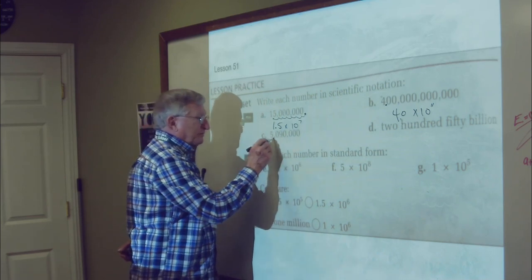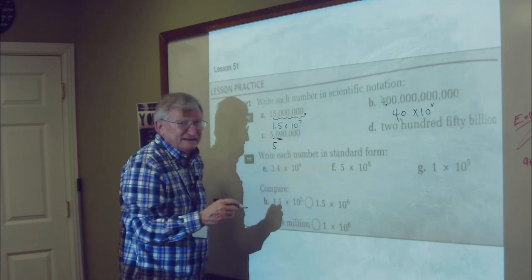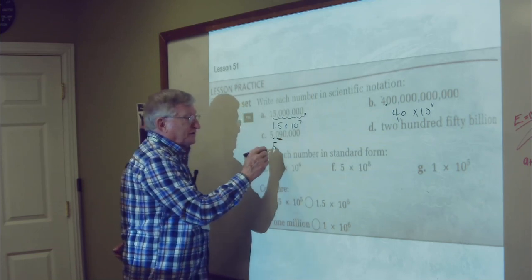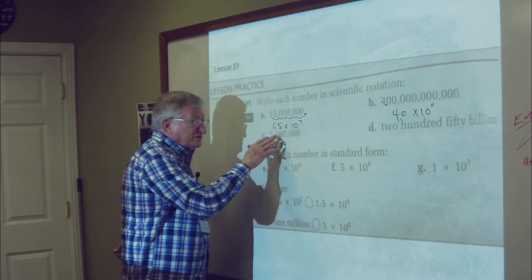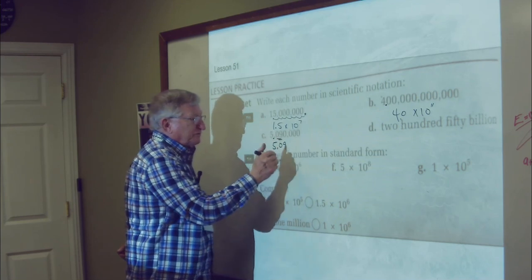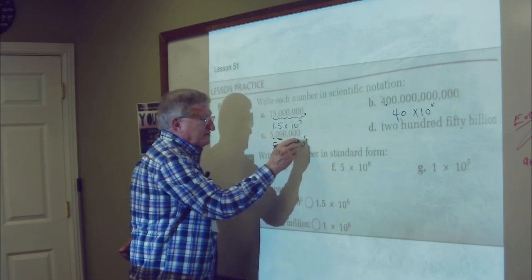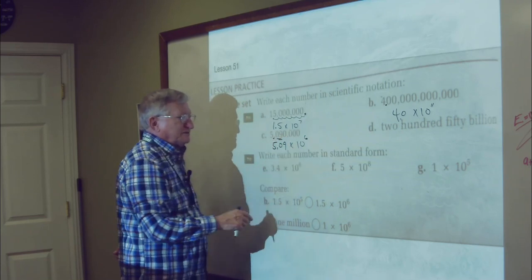This one, I moved the decimal right here, but I can't just say 5 because I don't want to lose that 9, 509. So I write 5.09. Anything that's not a 0, you have to have it in this part of the number, 5.09. And when I moved it 6 places, 1, 2, 3, 4, 5, 6, so it's 5.09 times 10 to the 6.